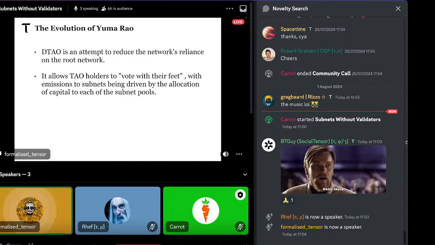The more people that stake to a particular subnet, it's like a market force. It expresses the organism Bittensor's will for the thing to thrive. So that's what that does.